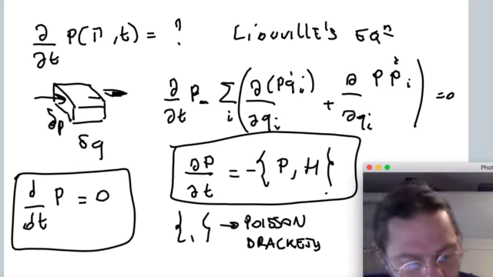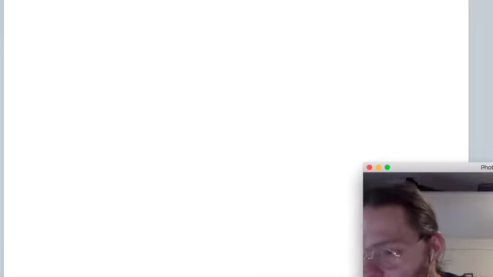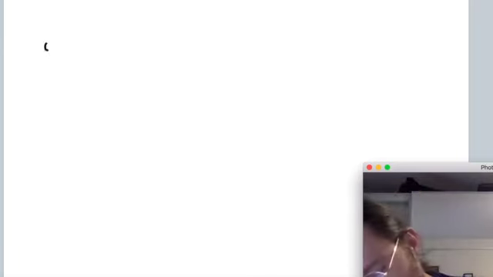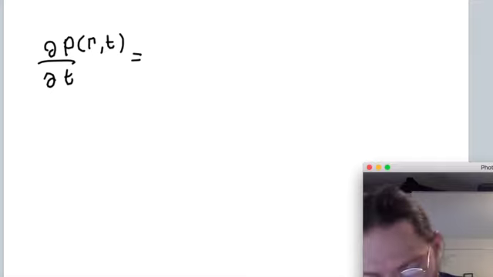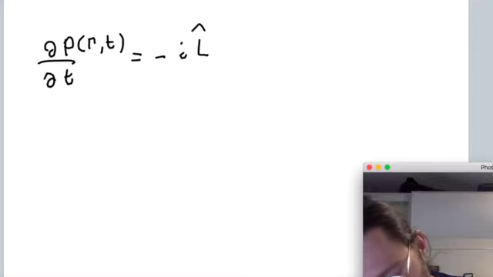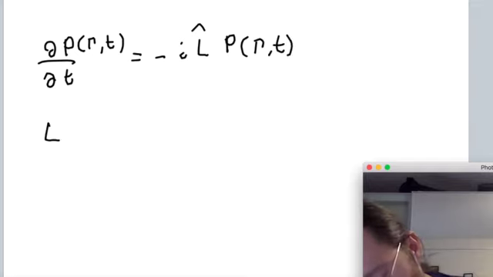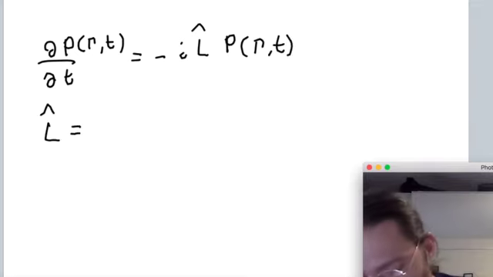You can rewrite Liouville's equation in the following form, where L is the Liouville operator defined in the following way.